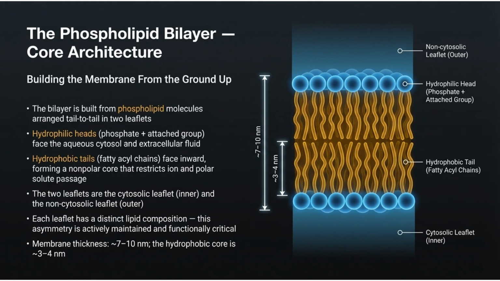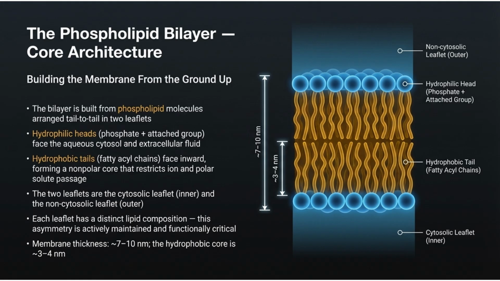Each phospholipid molecule has two distinct regions. The hydrophilic head, composed of a phosphate group and whatever charged or polar group is attached to it, faces outward toward the watery environments on either side of the membrane. The cytosolic leaflet, which is the inner layer, has its head groups facing into the cytoplasm. The non-cytosolic leaflet, the outer layer, has its head groups facing the extracellular fluid.